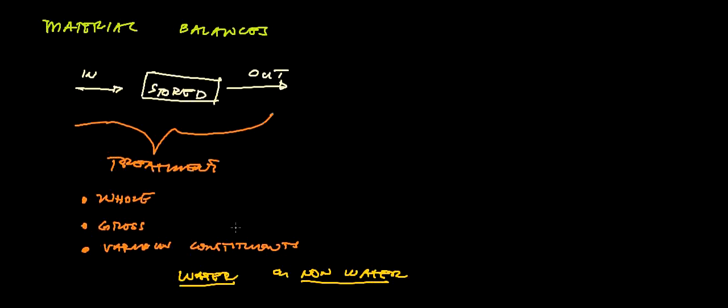So in order for us to analyze these material balances, again we need to consider the three basic categories: the in, out, and stored materials, and how you will treat those materials, as a whole, as a gross, or as various constituents. And if you treat them by constituents, you need to consider what constituents you are going to use.